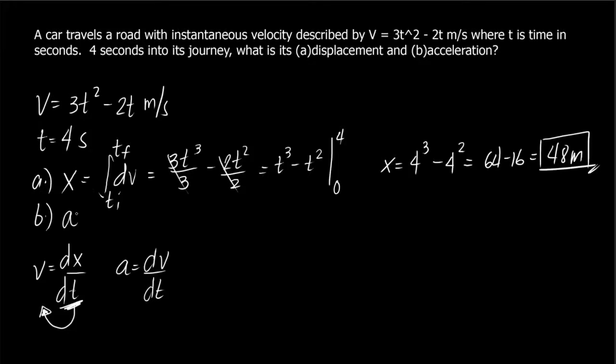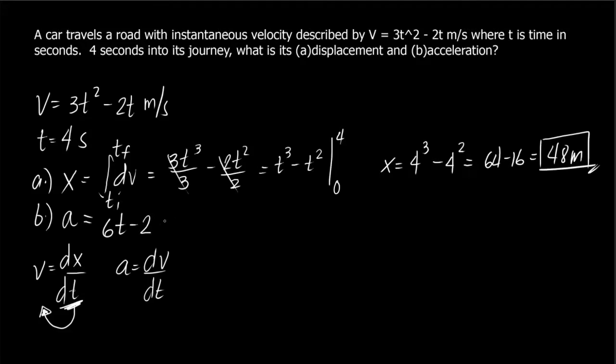From displacement to velocity, ma-derive ka mo. Okay? Like, for acceleration. So, ang ato niya nga nabalaan nga equation is velocity. So, ang guwasin na, i-derive ta na ang ina nga equation para makuha ta ang equation ni acceleration. So, ang derivative sina is 6t minus 2. Di ba?